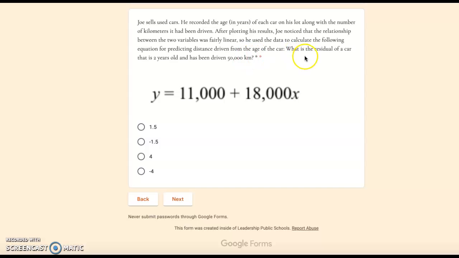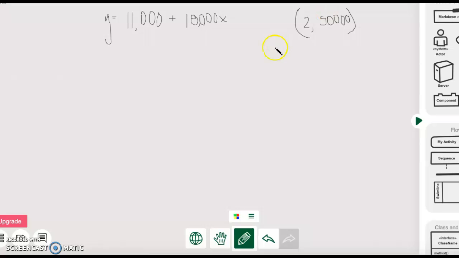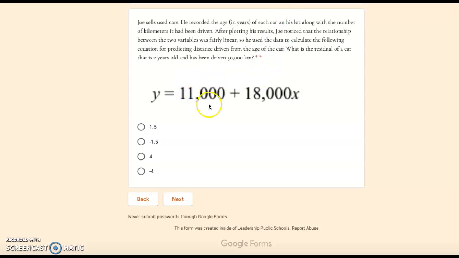Okay, so I have this car, it's 2 years old and it's been driven 50,000 kilometers. That's going to be 1 point in the graph. And then I have this line of best fit represented by this equation. So over here, my apologies for my handwriting, we have the equation. I just copied down the equation from here. And then I also made a point, an ordered pair from this particular car.